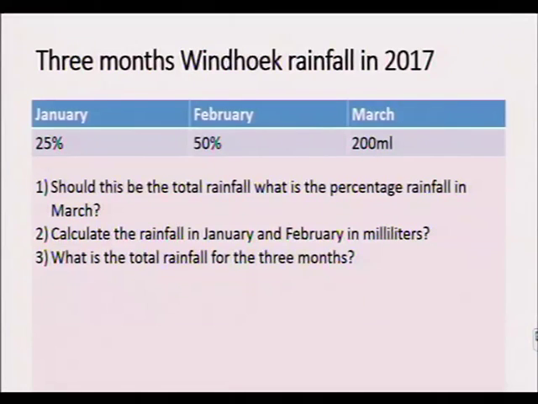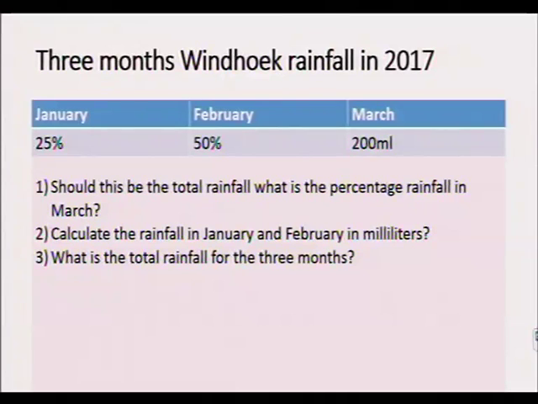So the questions here are: we want to find out, in terms of milliliters for January and February, how much was it? And in terms of percentage for March, how much was it? So should this be the total rainfall? What is the percentage rainfall in March? They want to know the rainfall in March in terms of percentage.